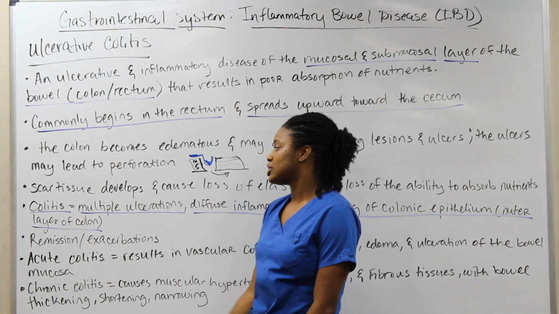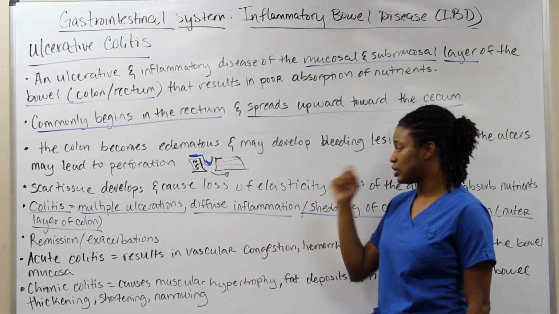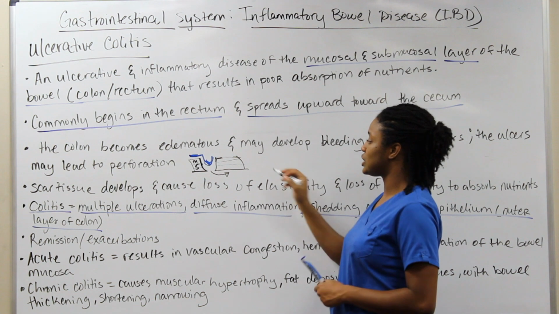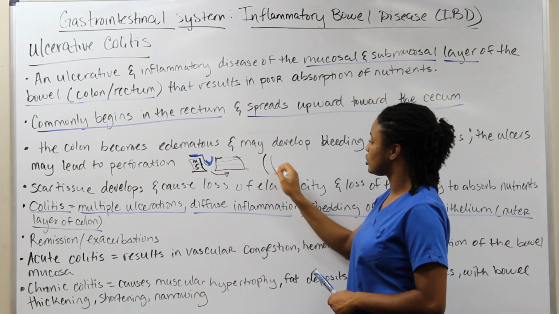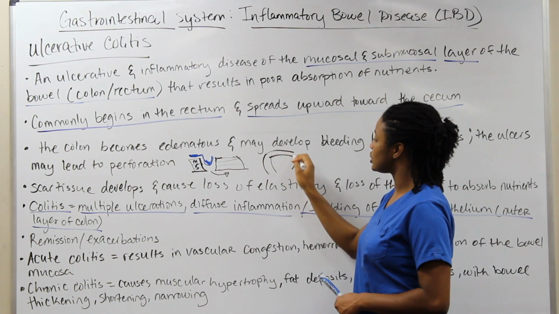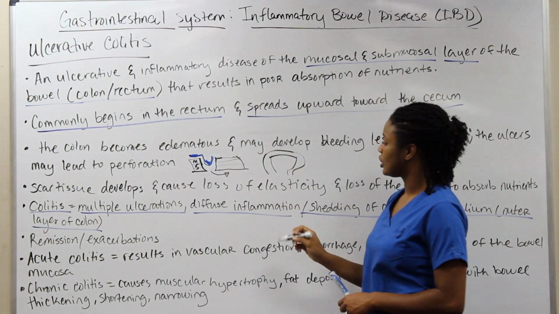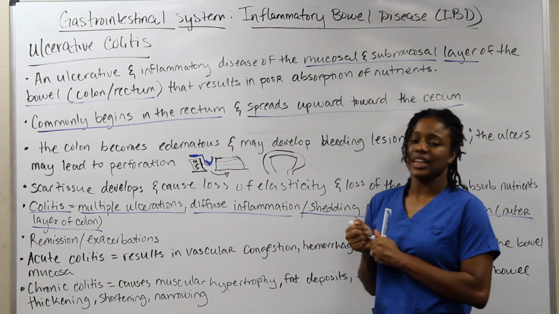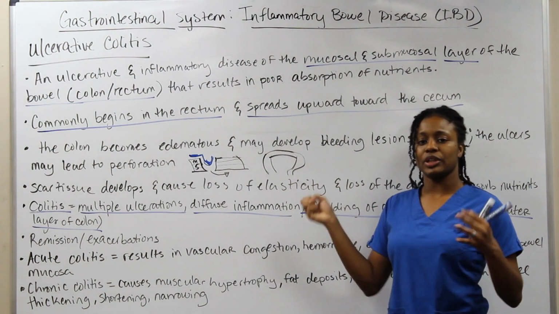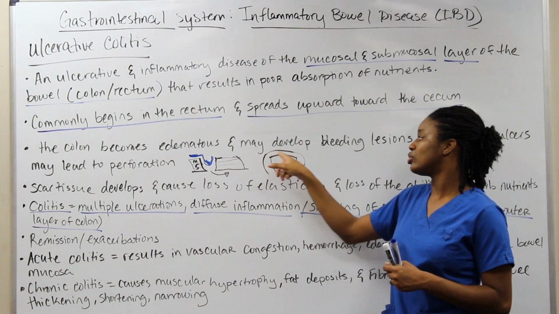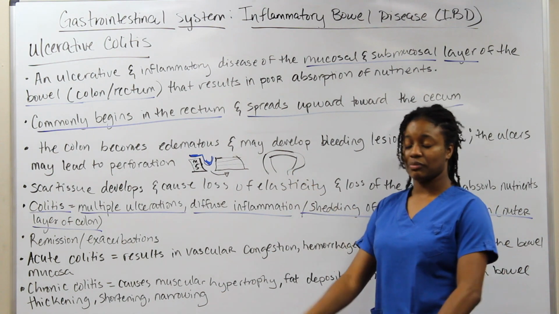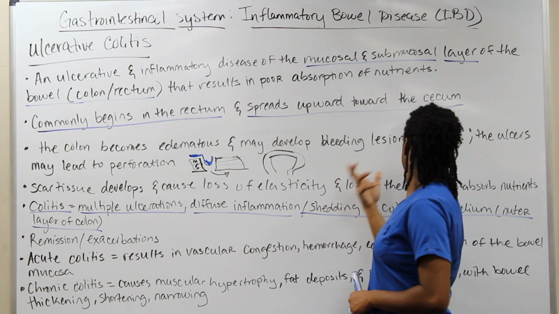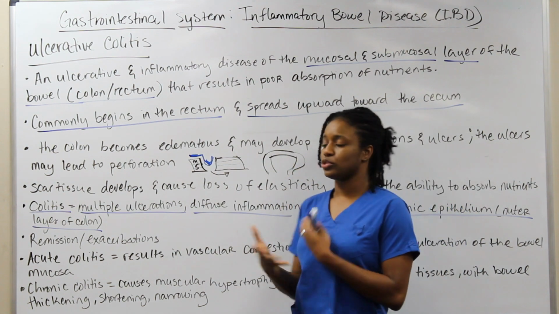You're also going to have scar tissue that may develop and may cause the loss of elasticity, right? Because remember, this is my large intestines coming all the way down here. If I no longer have that elasticity to move and bring that stool outside of my body and discard it as waste, I'm not going to be able to absorb as well.